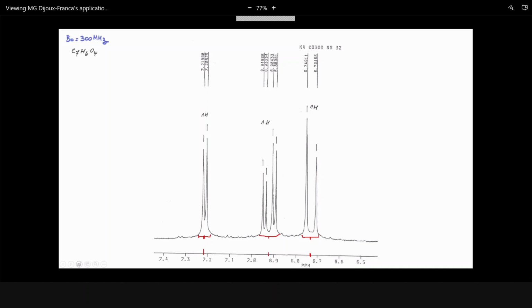I wrote the aromatic ring in black here.